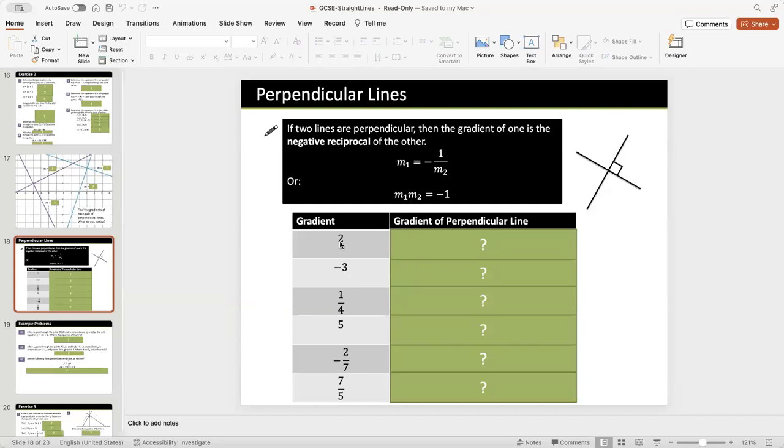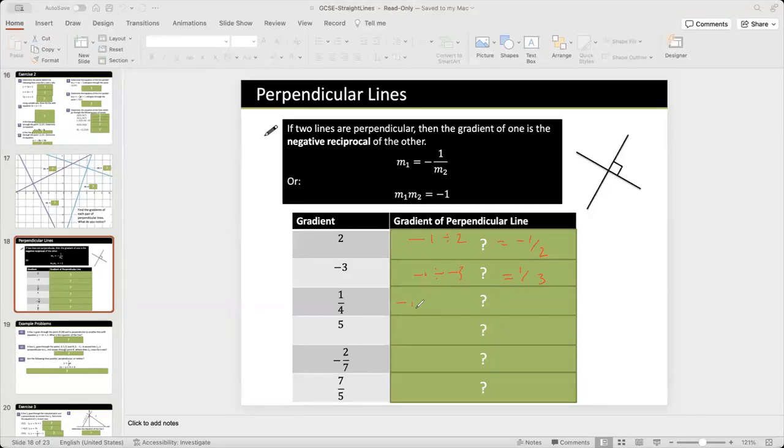So let's try and solve it. If you are given 2, the perpendicular is going to be minus 1 divided by 2, which gives minus 1/2. What about this one? Minus 1 divided by minus 3 gives 1/3. Look at this one now: minus 1 divided by 1/4 gives minus 4, because it's minus 4/1.